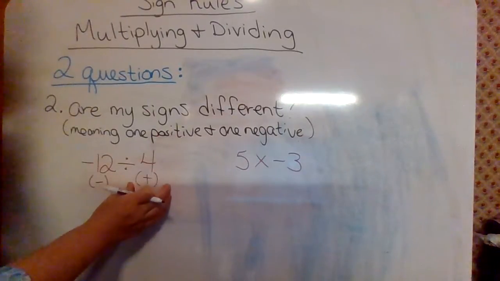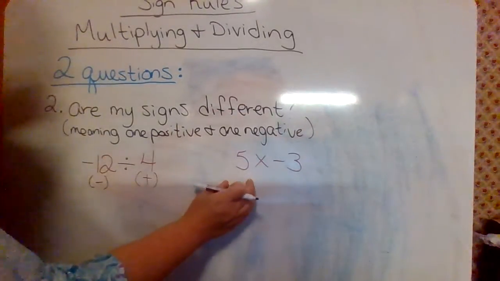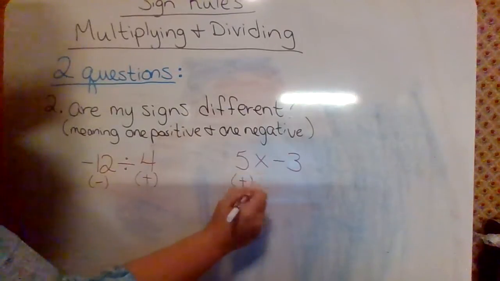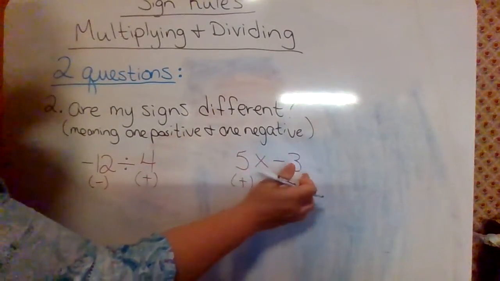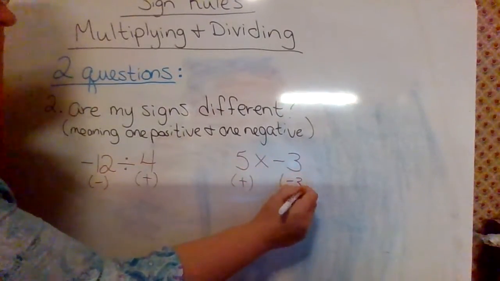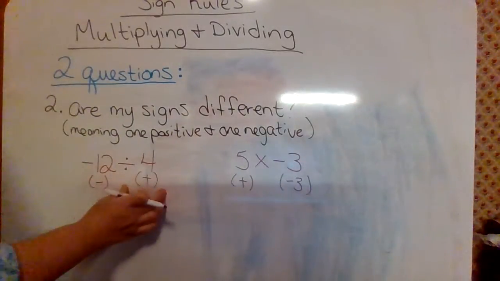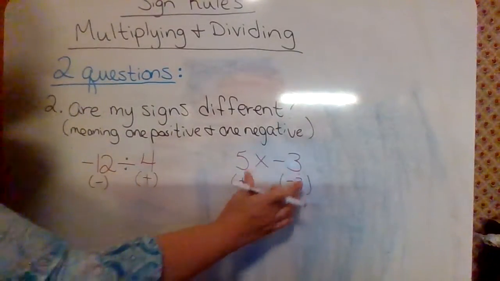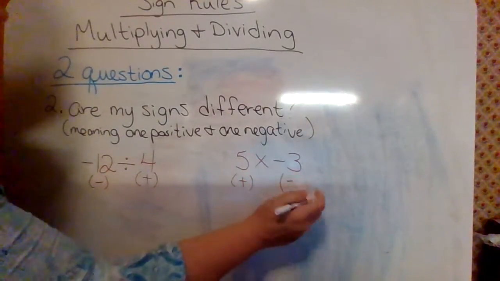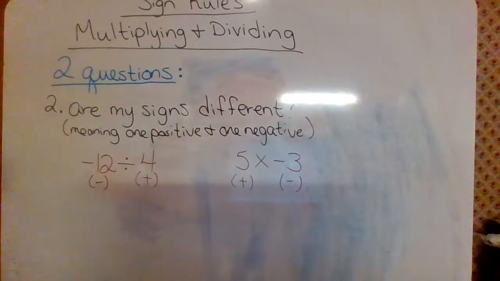Then we have 5, which is positive, times a -3. So I have a negative, I have a positive. I have a positive, I have a negative. Okay, so one's positive, one's negative. So right here, are my signs different?